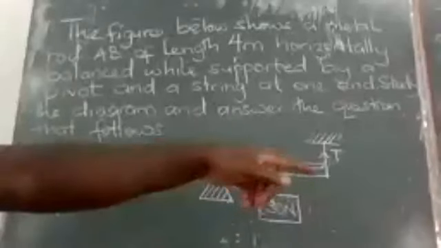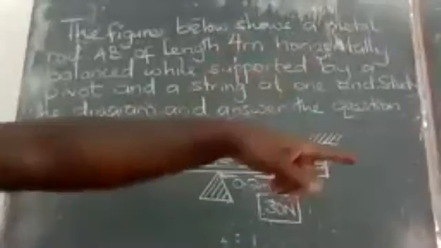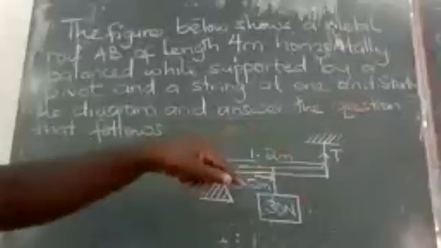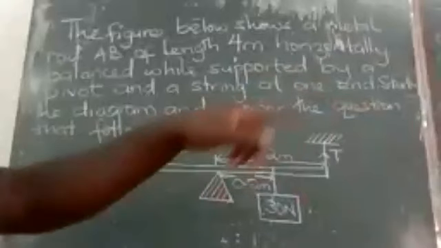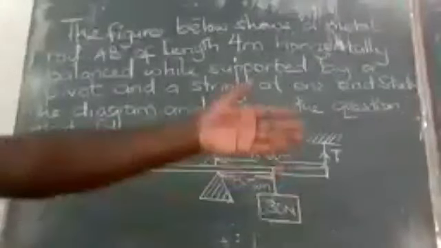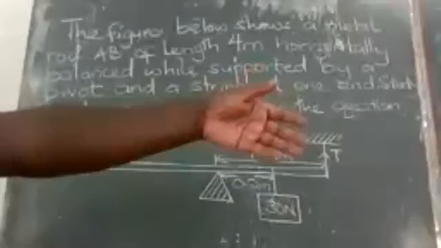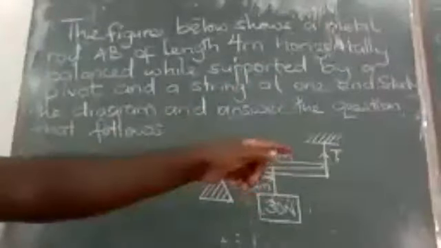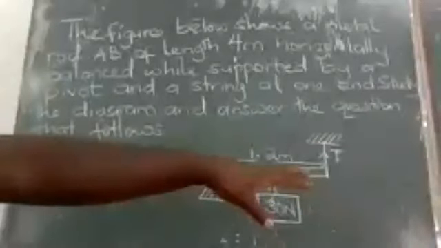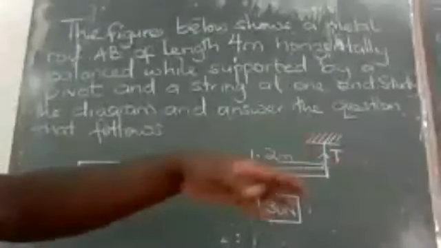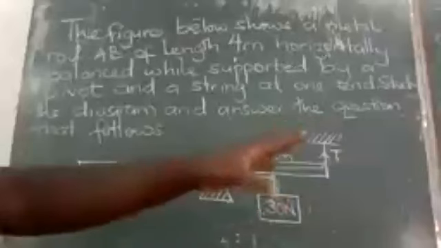Then when you want to get a reaction, we use the first condition. You can use them interchangeably depending on which is most suitable. When you have a turning point and you want to take moments, use the second one: the sum of the anti-clockwise moments is equal to the sum of the clockwise moments. So we are going to do more numbers, and you'll be able to tell when to use which.